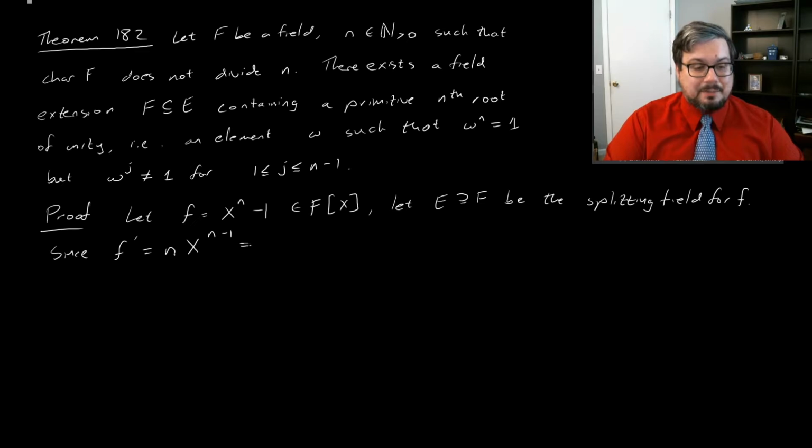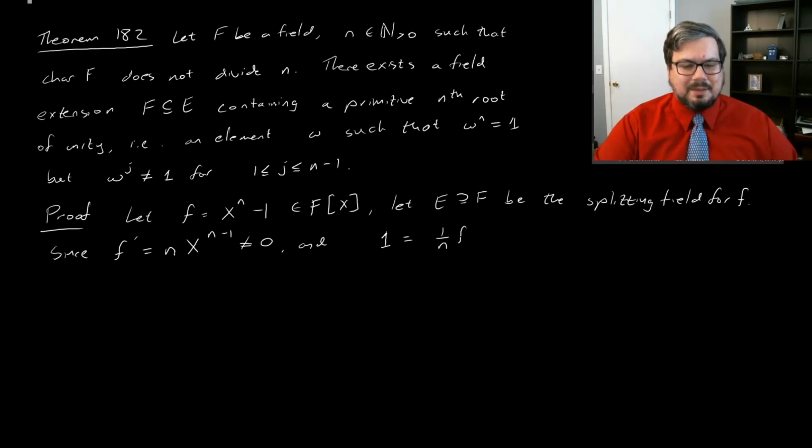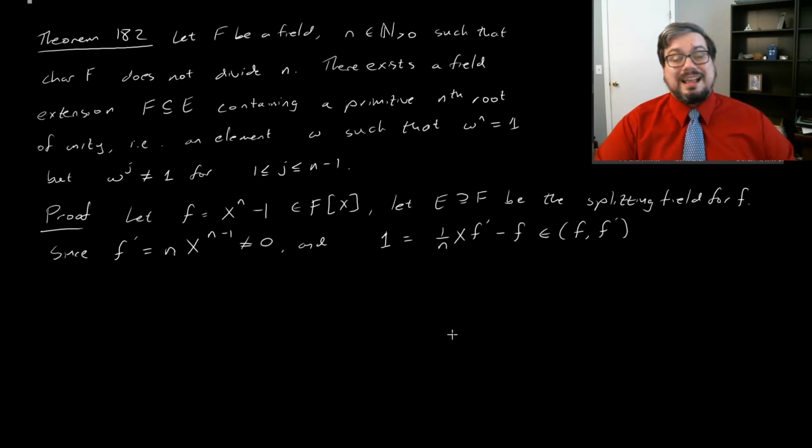divide n, because this means that f prime is not equal to 0, and we have that 1 is equal to 1 over n times x times f prime minus f. So we multiply f prime by x, we divide by n, and we get x to the n. So x to the n minus x to the n minus 1 equals 1. And this belongs to the ideal generated by f and f prime.